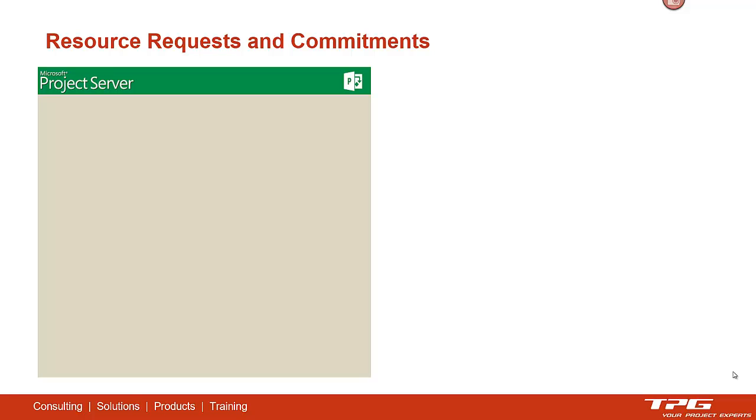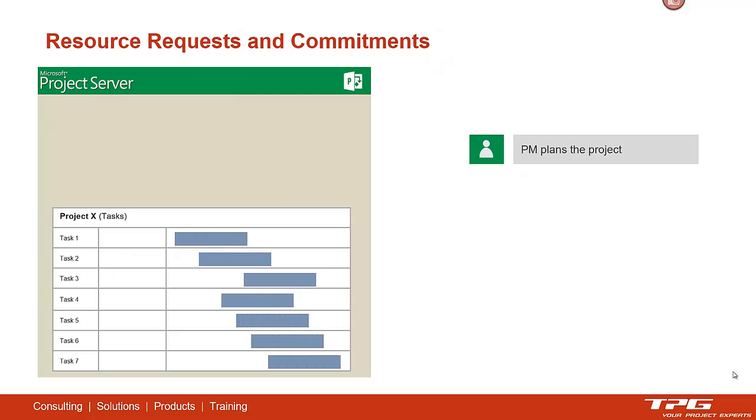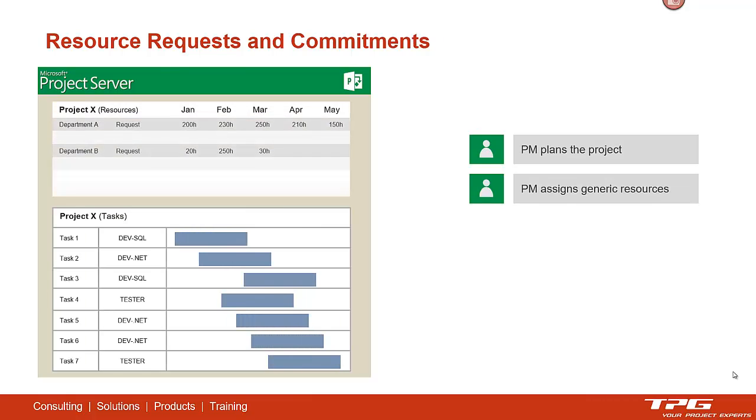How does this work out? Resource requests and commitments. We start in a project plan where a project manager plans a project and assigns maybe generic resources which are placeholders for teams, which comes up in a resource usage view in project.